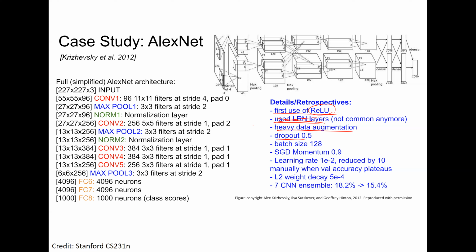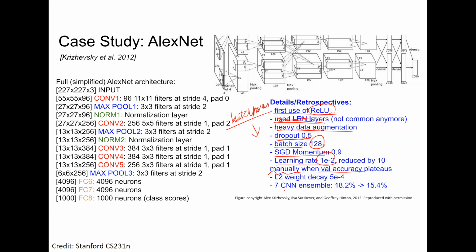At the time, batch normalization was not designed. So rather than batch normalization, they used dropout. And they used a batch size of 128, and they used SGD with momentum for optimization. And the learning rate was set as this, and they reduced the learning rate manually when the validation accuracy did not change, plateaued.